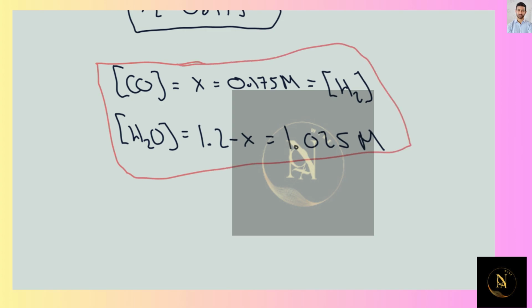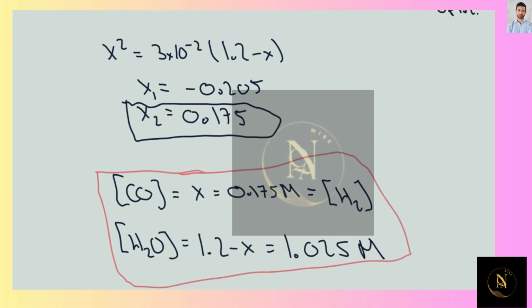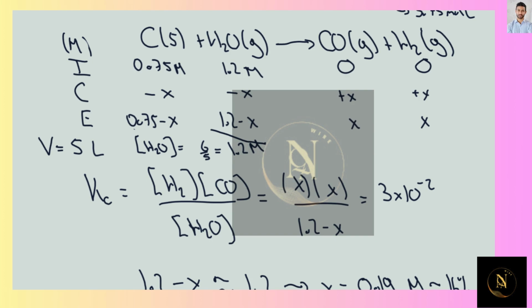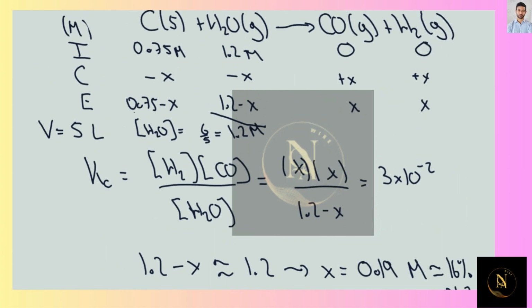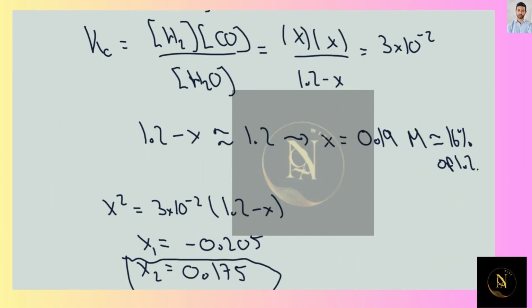Now, to know the amount that would be left of carbon in our sample, we simply need to calculate the value here. We know that for carbon, in 5 liters, we initially have the value of 0.75 minus x, which is in molarity.